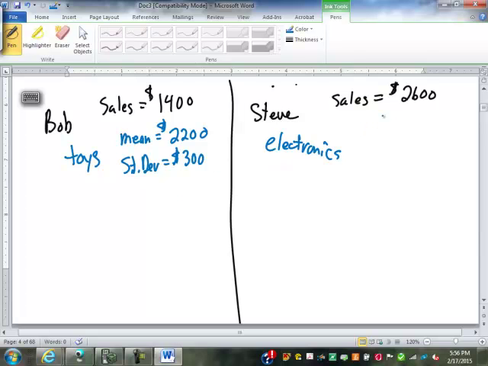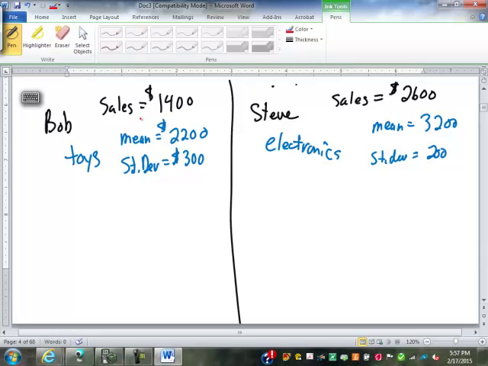Let's say for the people in electronics, they had a mean sales of $3,200 and a standard deviation of only $200.